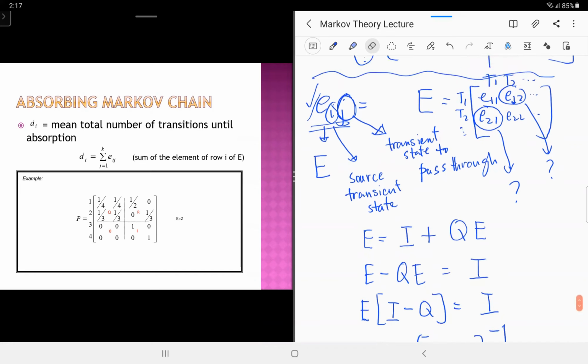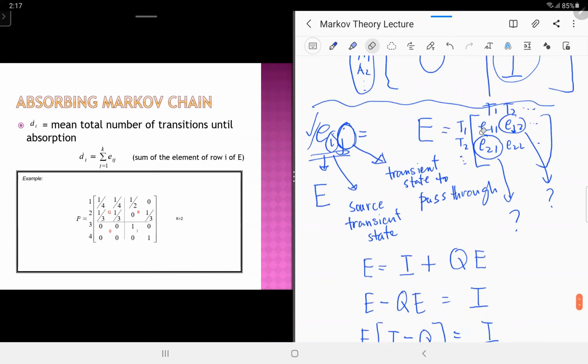So if you look at matrix E, you will see here that if you are on the first row, this is actually your D1.